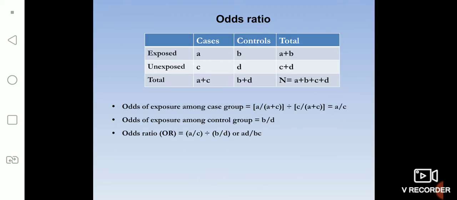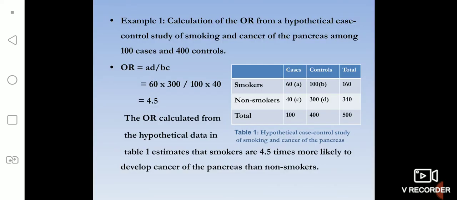If you see the table here, we have cases and controls, exposed and unexposed. The odds of exposure among the case group is A by C, and the odds of exposure among the control group is B by D. Now the odds ratio is AD by BC crossly, if you see that. This is how the formula is.